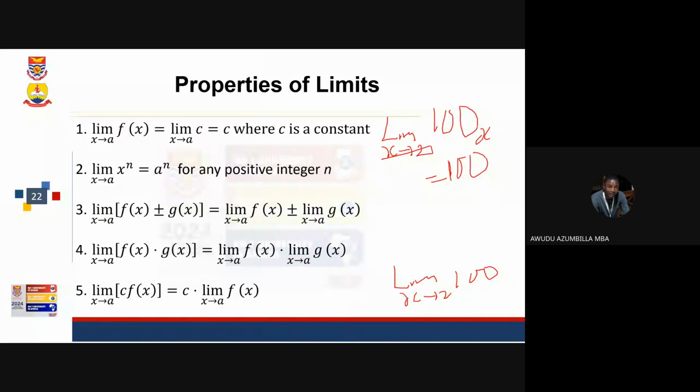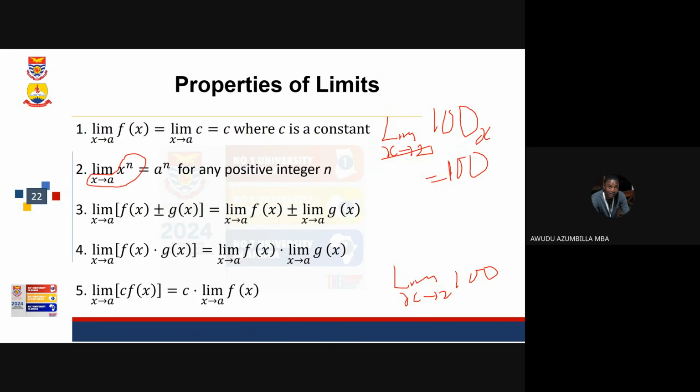And then the second rule is that when you have the limit of x raised to a power n, take note of how it's done here.